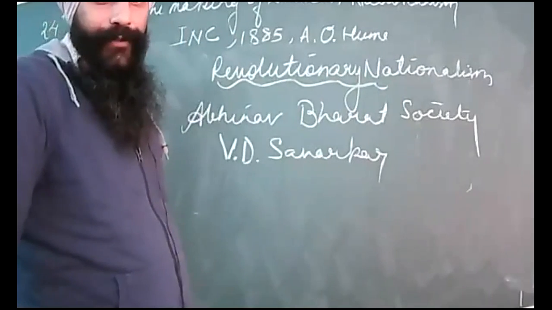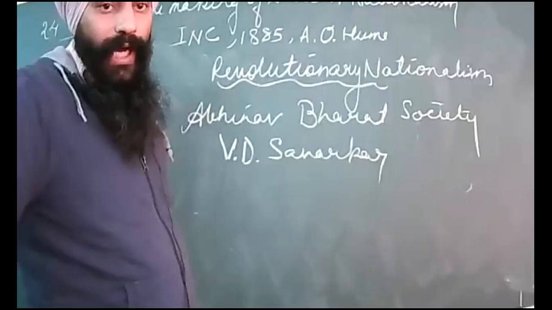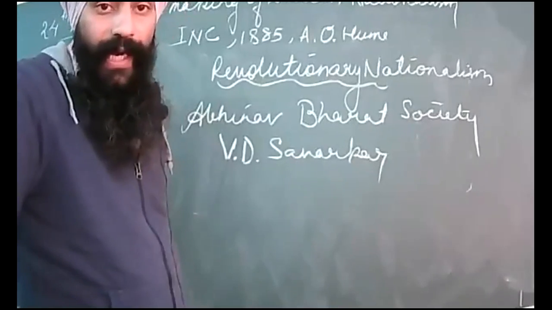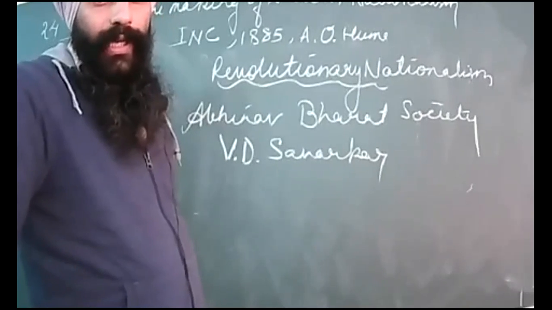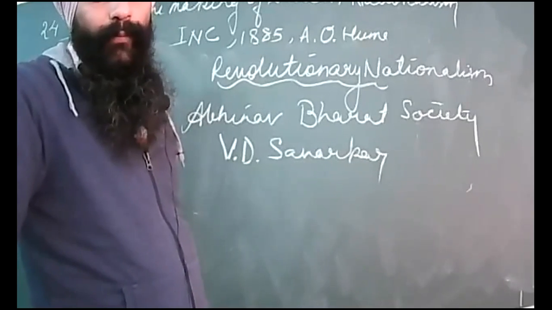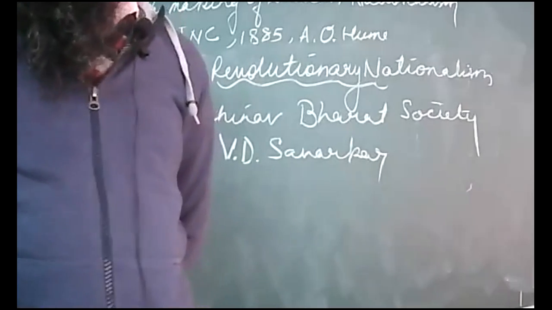The other names are Ram Prasad Bismil, Ashfaqullah Khan, Chandrasekhar Azad, Bhagat Singh. All these were revolutionaries who opted for violence to free the country from British control.